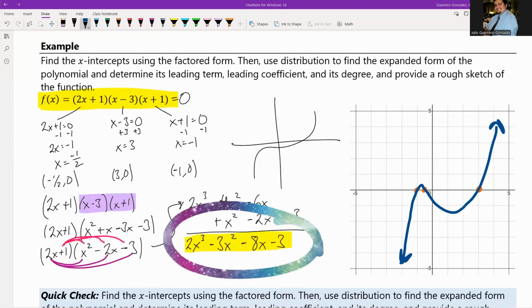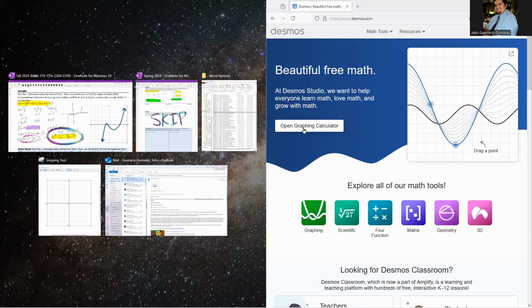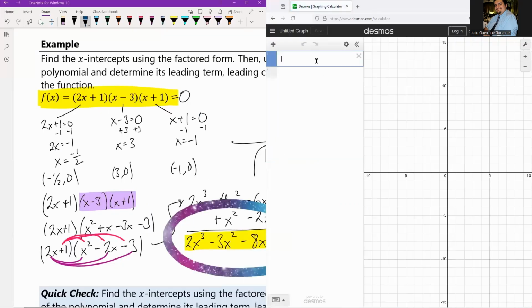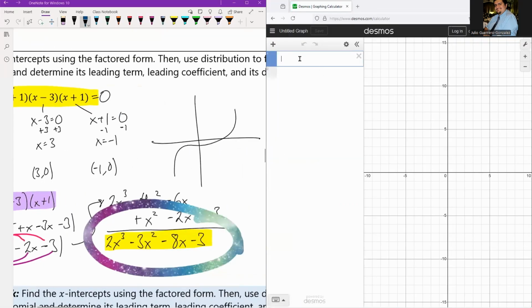And if we go to Desmos, let's go to Desmos really quick. And I want to do a double. And I'm going to type in that very last one. 2x cubed minus 3x squared minus 8x minus 3. Hopefully you guys are seeing this already.